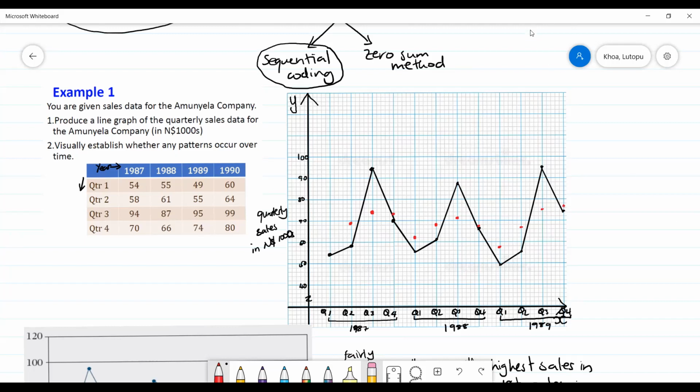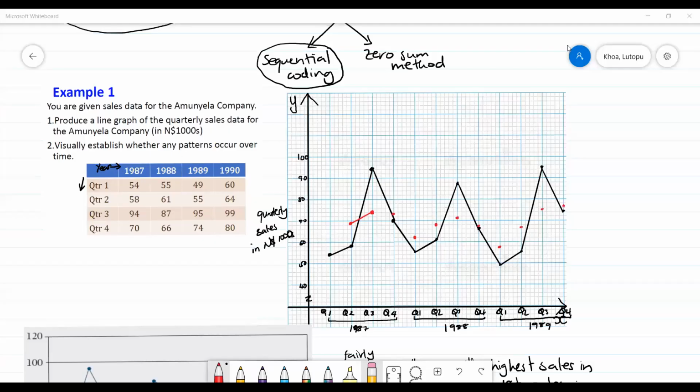Then again, you would connect these points with a ruler. So you obviously do this with the ruler and it will look much nicer like that. So this is the 3-point moving average.